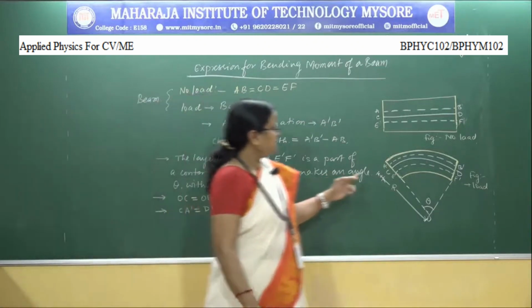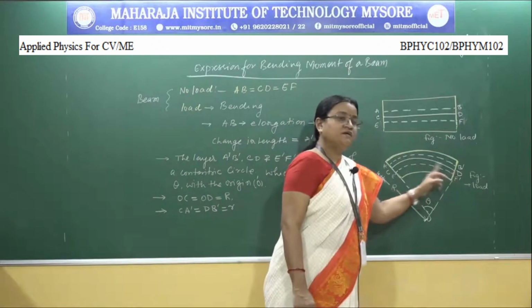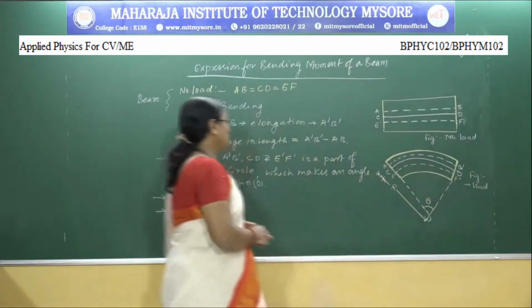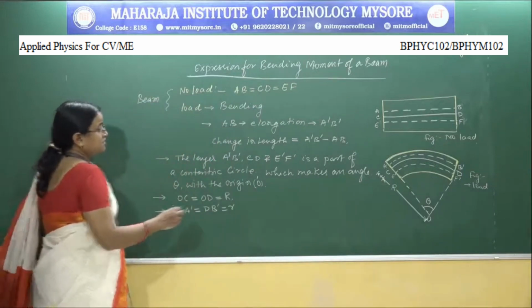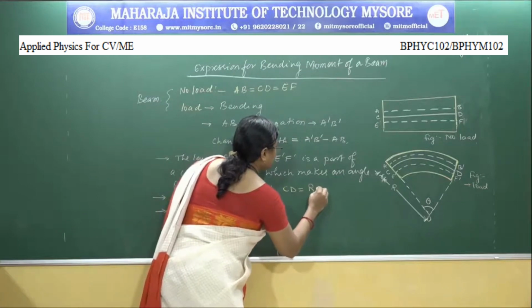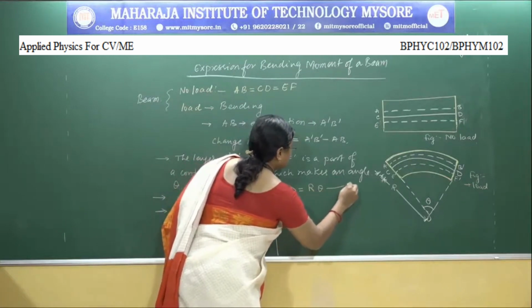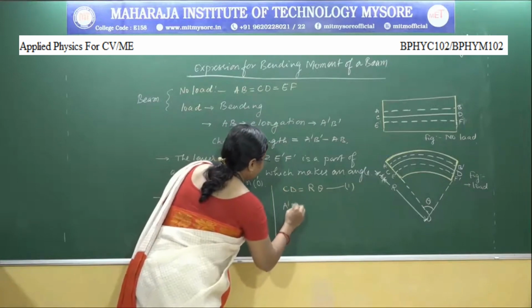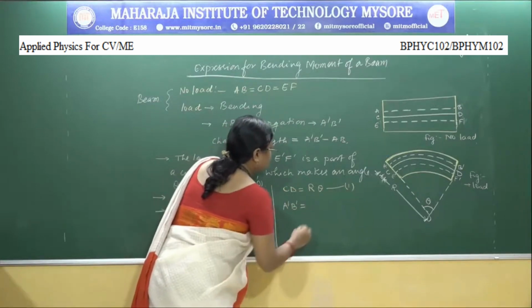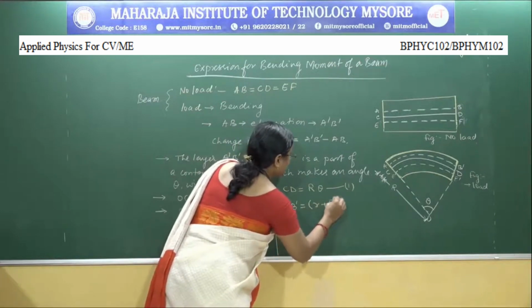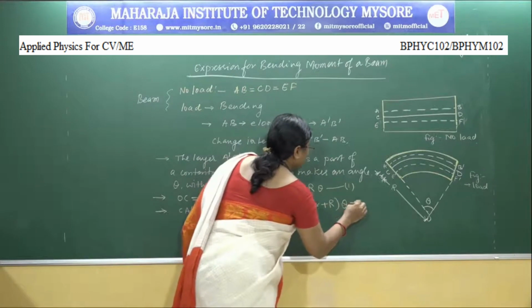So if we want to find the arc lengths CD and A'B', we get CD equal to R theta, and A'B' will be equal to (R plus r) theta.